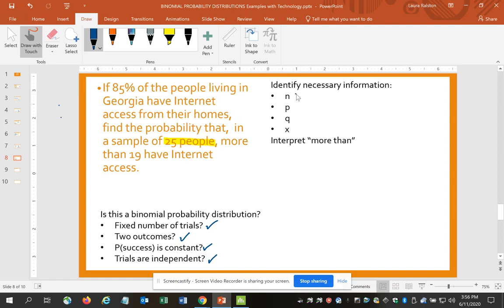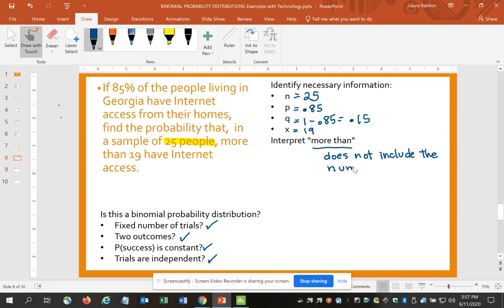Okay, so let me see if I can get these numbers written in here. 25, 0.85. 1 minus 0.85 is 0.15, and X is 19. And again, when I think of more than, it does not include the number.